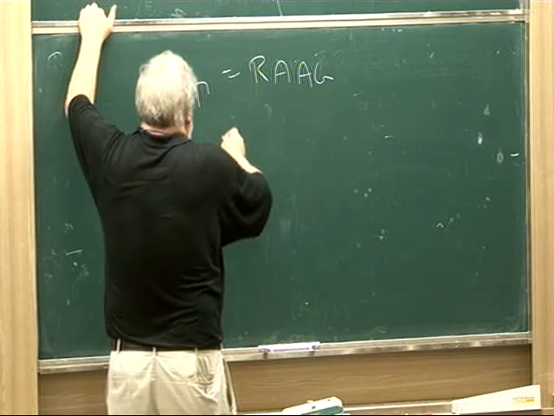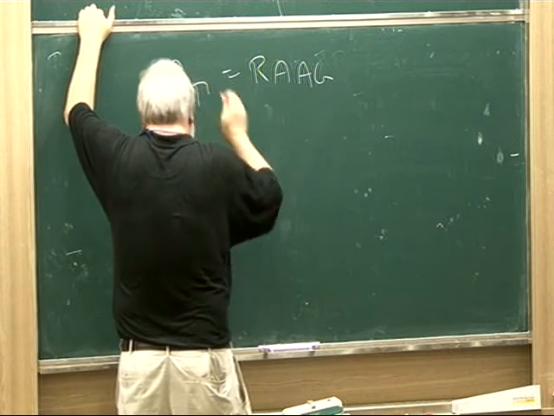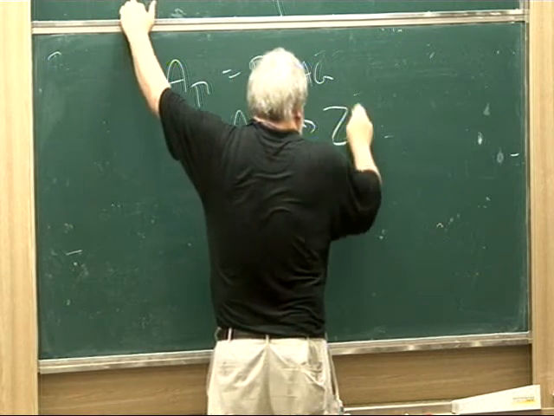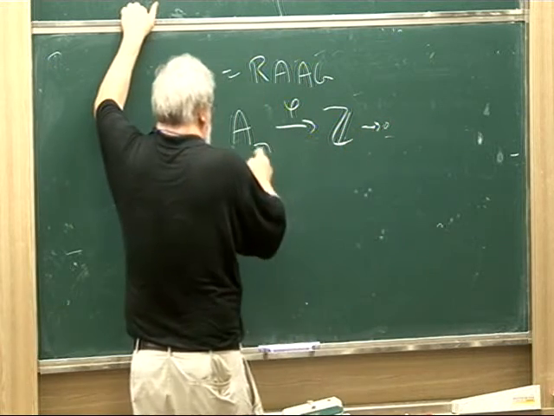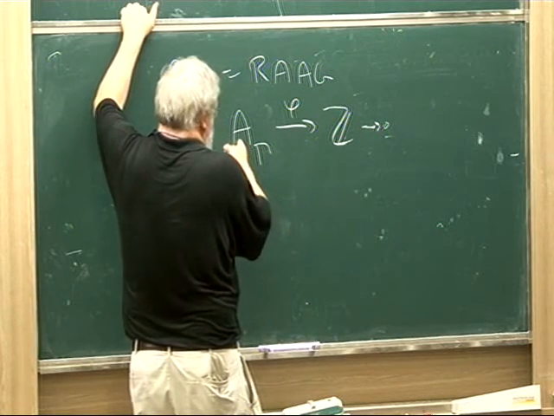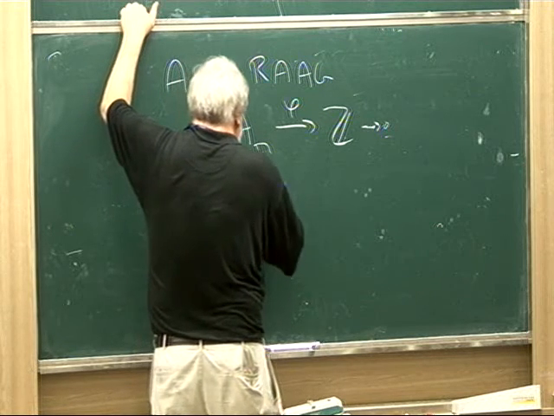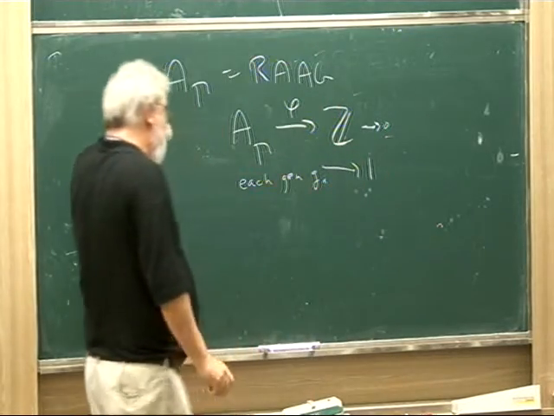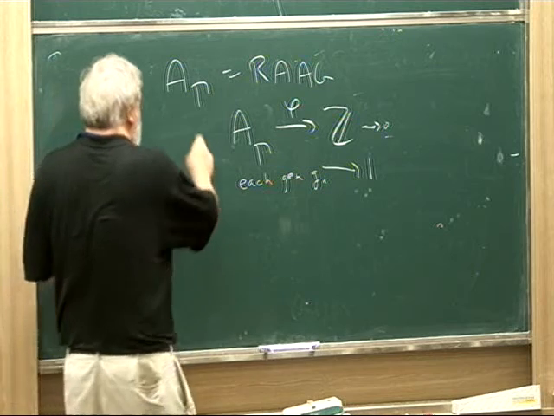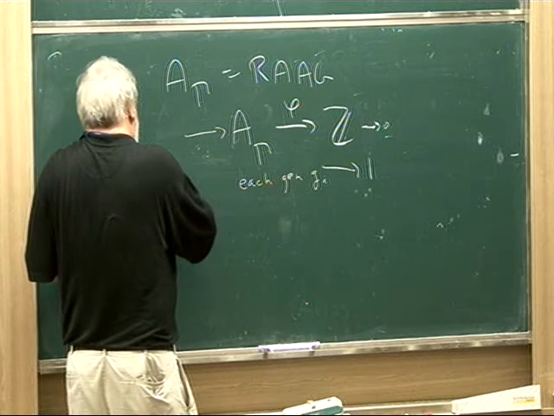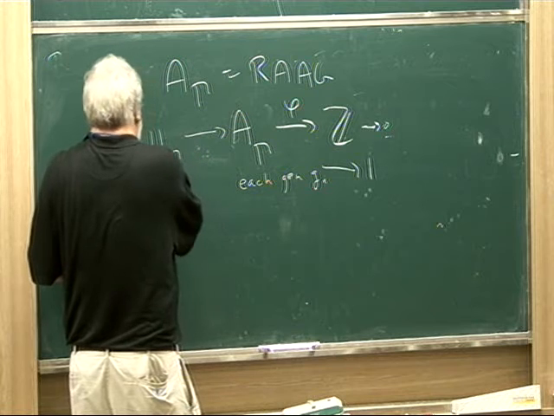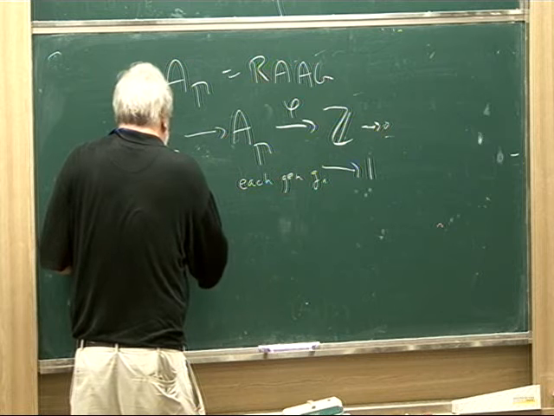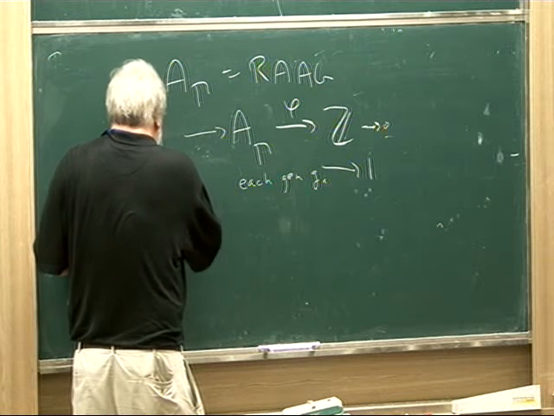I'll explain how they thought of this later, but they said you take this right-angled Artin group and you take the epimorphism to the infinite cyclic group, which sends each generator, this has a generator for each vertex, so each generator g_i goes to the generator of Z, goes to 1. And then you look at the kernel of that, and let's call that either H_Γ, or to fit with their terminology, I might call it H_L, or H_L of Γ. All those things being the same thing.